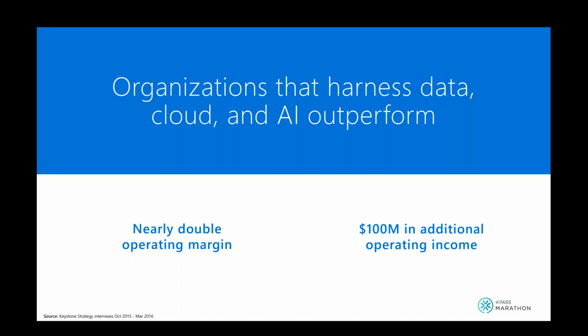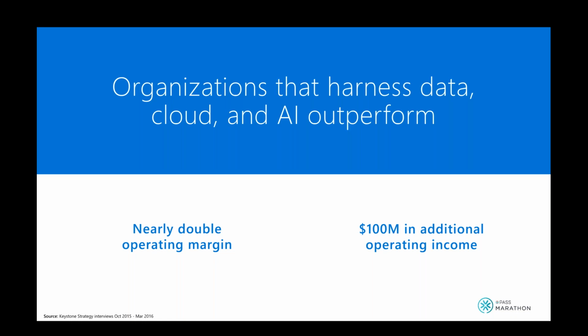What the report showed was that those companies that are far more advanced in these 3 areas were consistently outperforming their competitors in operating margin and operating income by a significant amount. I know many of you may be on this journey, the AI journey, modern data technology journey, or cloud adoption journey, or you may already be well along the way.